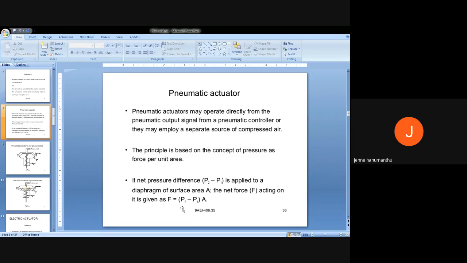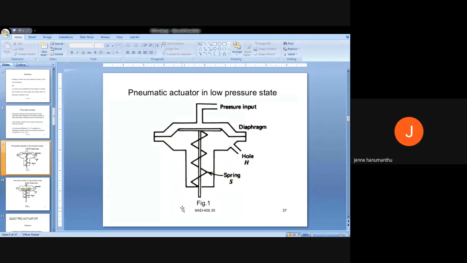That's about the pneumatic actuator. Now observe this diagram, dear students: the pneumatic actuator in low pressure state. This is a diaphragm. This is the input pressure, this is a hole, this is a spring.